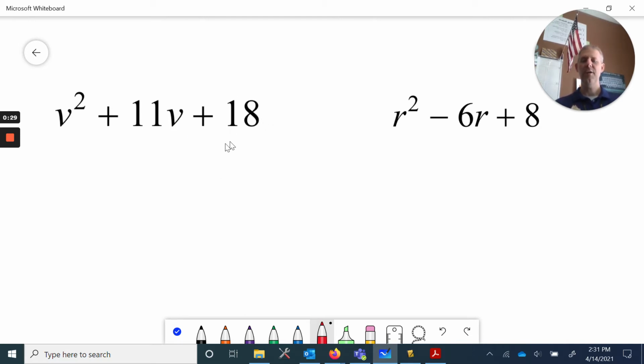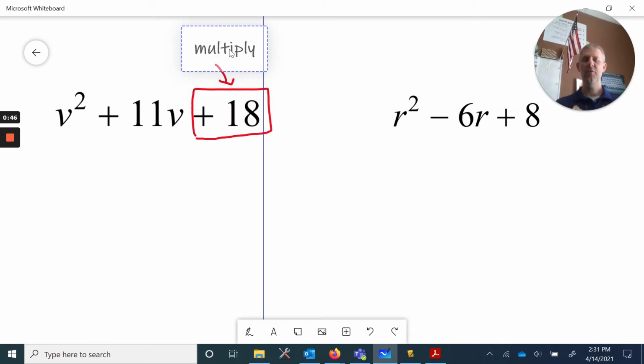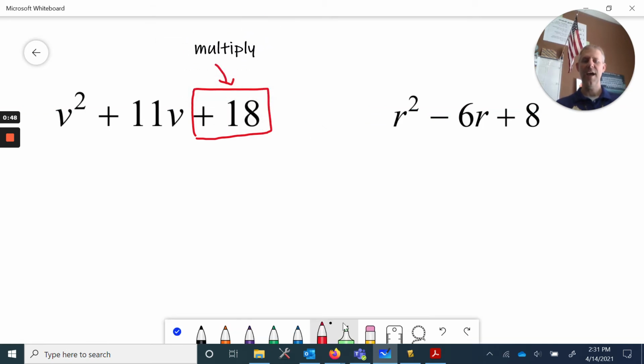All right. So in this pattern, we look for a couple things. What I'm looking for is I want factors of this number, things that multiply to give me 18. And then I want those factors also to add up to the b term or middle term, which is 11.